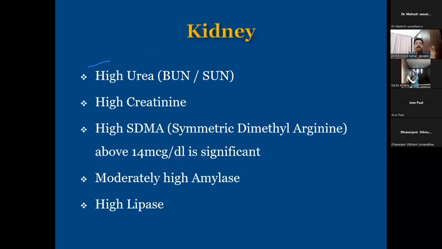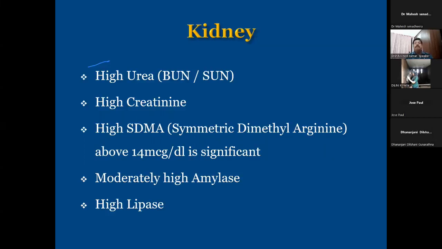If you want to target the kidney, what things should we look at? High urea, that is blood urea or serum urea. High creatinine. Creatinine is more sensitive than urea.